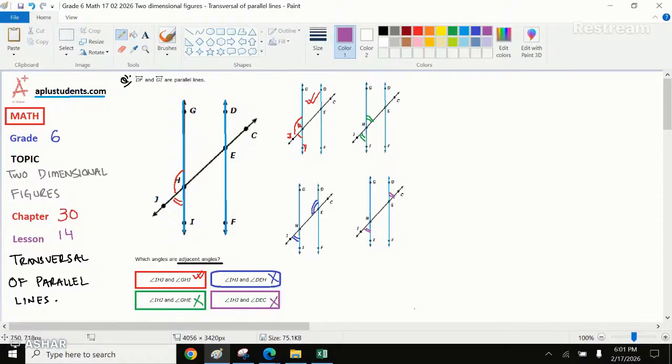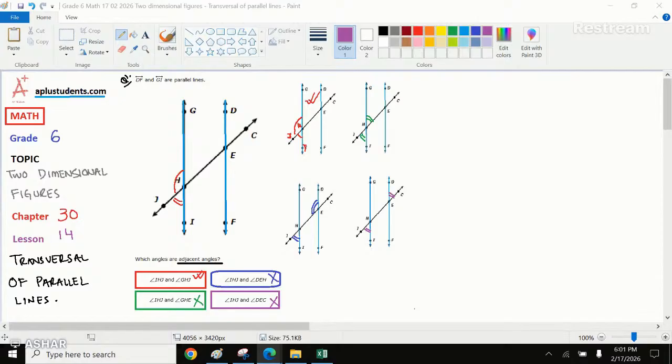So the answer for the first question would be, Ashik, the answer for the first question would be that the angle IHJ is adjacent to angle GHJ, right? Do we agree? Okay. For the next question, let's see. Okay.